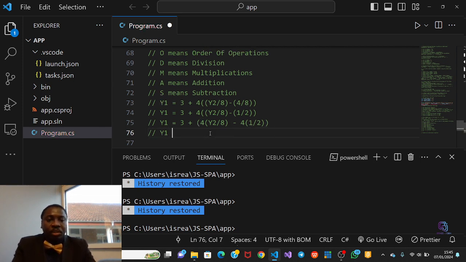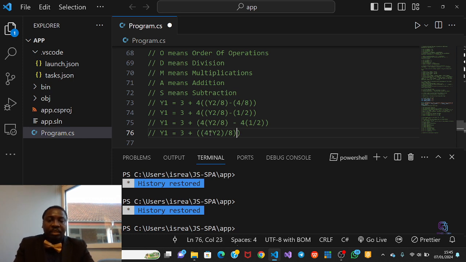So y1 is equal to 3 plus, now into brackets. So we can now pick it one after the other, saying 4 times, so with this I'm trying to bring in 4 into each and every one of them. 4 times y2, so 4 times y2 divided by 8. So break them into another bracket.